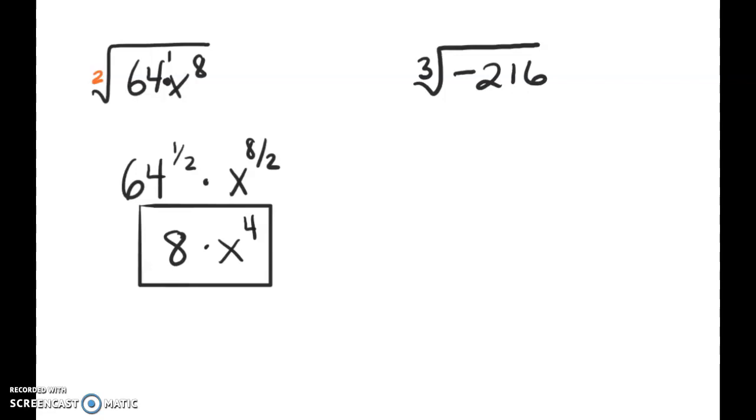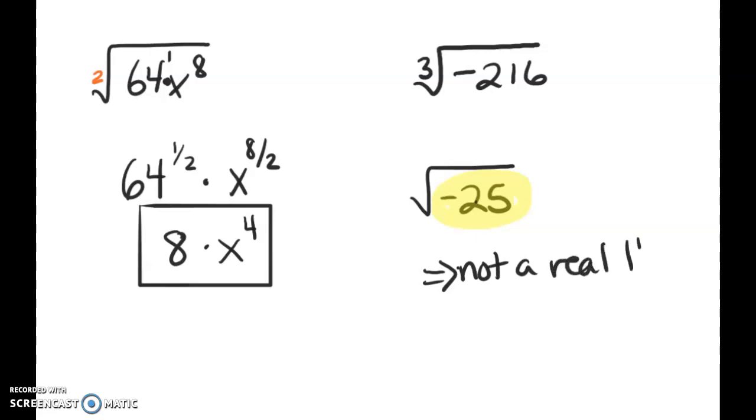Now, if you see the square root of a negative 25, this radicand on a square root cannot be negative. This ends up being a complex number. It's not a real number. So you would say not a real number.